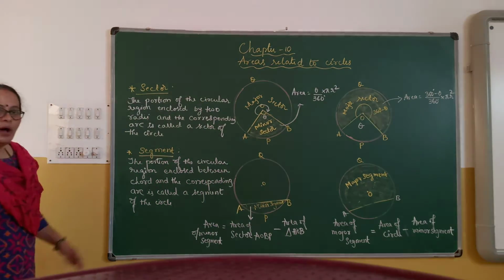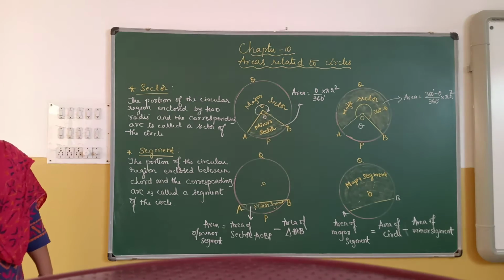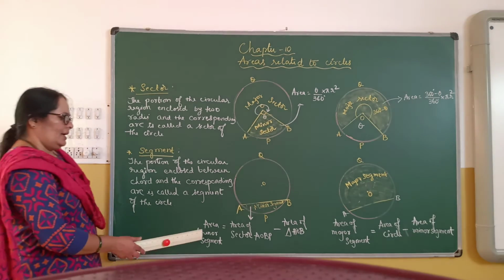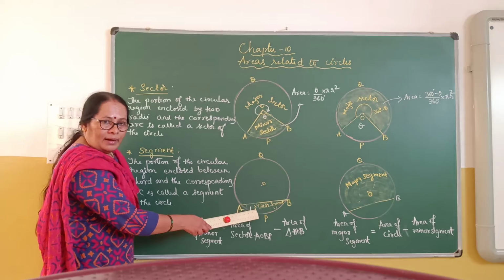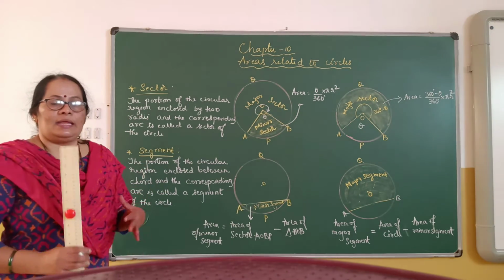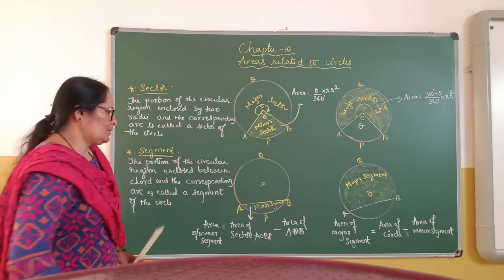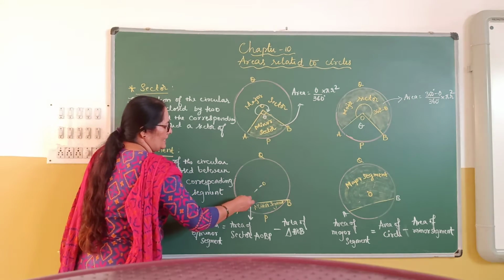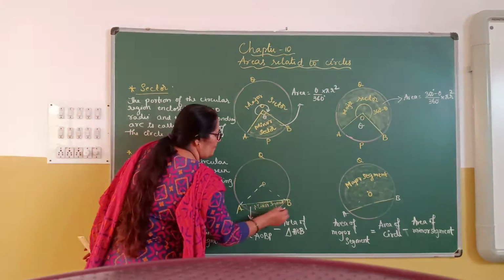Then how can we calculate the segment area? The area of the minor segment equals the area of the sector AOBP minus the area of the triangle AOB.